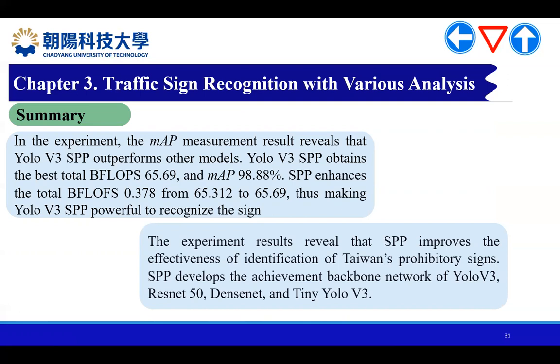That is what makes YOLO V3 SPP powerful to recognize the signs. The experiment result reveals that SPP improves the effectiveness of identification of Taiwan's prohibitory signs, and SPP improves the performance of the backbone networks of YOLO V3, ResNet 50, Densenet, and Tiny YOLO V3.